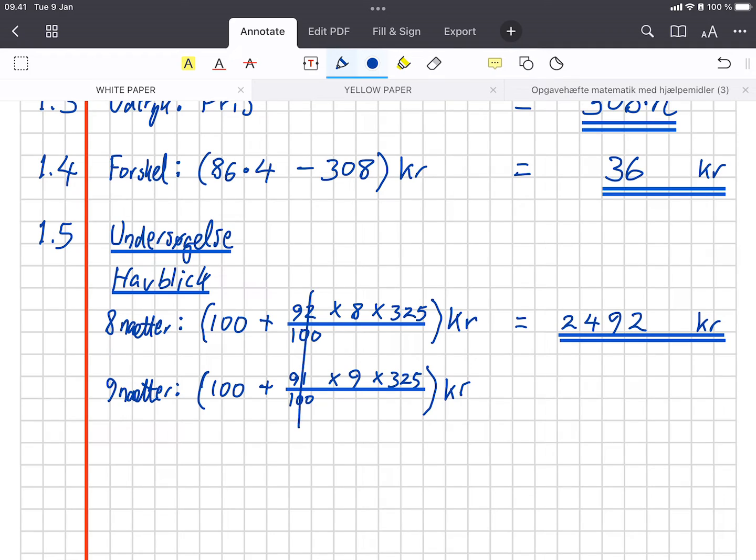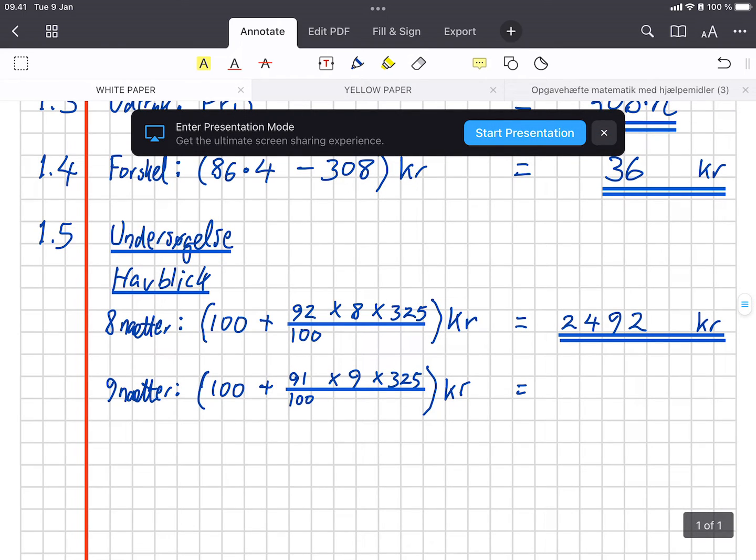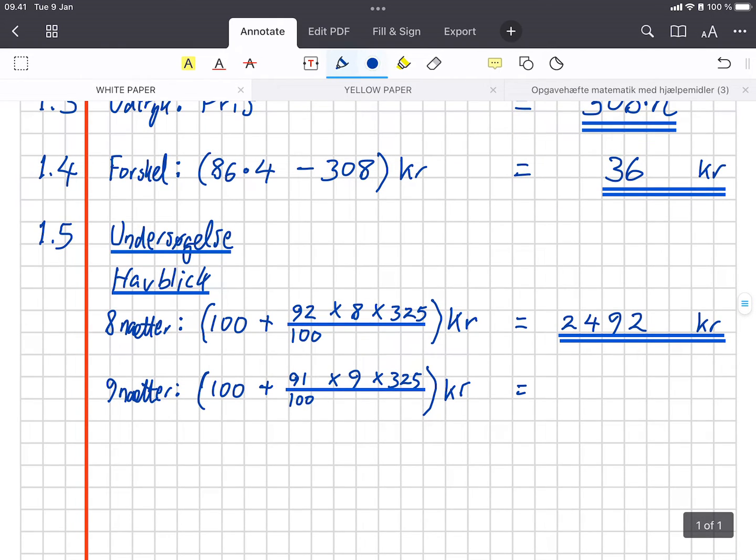And see how I've tried to line all these up. Equals, and that came to 2761.75 krona. Underline.